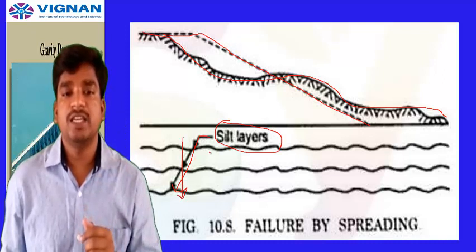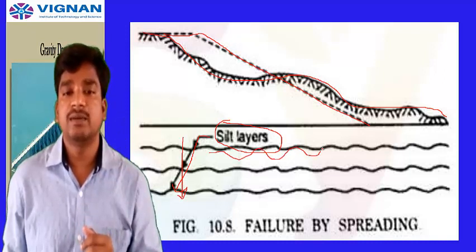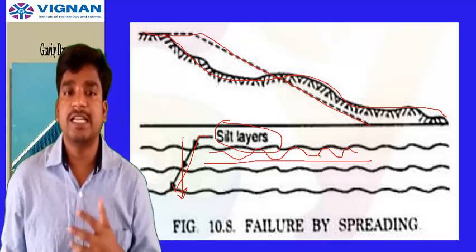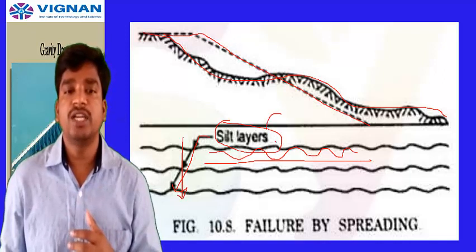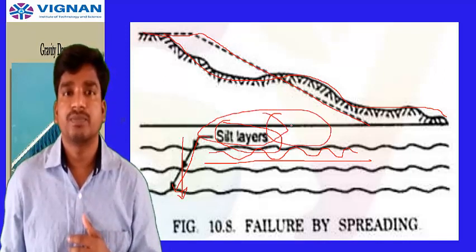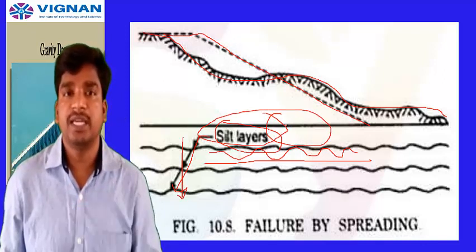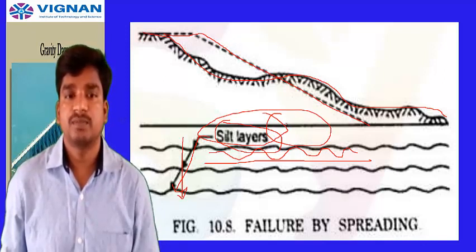Whatever waves you are seeing here will be flattened, or spread like this. Because of this, there may be a chance of failure in the foundation of the dam. So this is failure by spreading of the foundation.